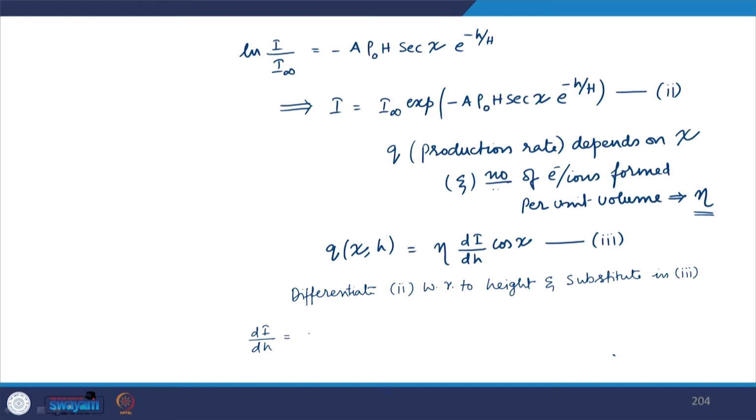I, we have already, is I infinity exponential minus a rho naught h secant chi e to the power of minus h by H. I am just differentiating this. The derivative of exponential x is exponential x times whatever multiplies x, right?